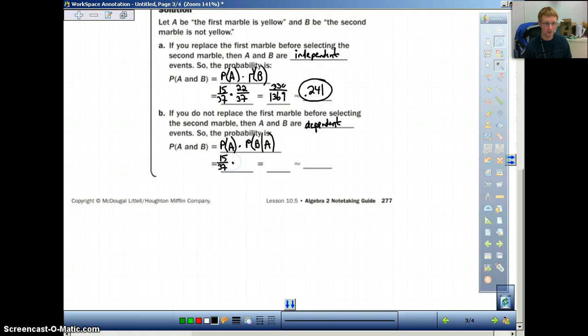For the second one, there still are 22 non-yellows, but now we don't have 37 anymore, we have 36. So now we multiply these two together and we get 330 still on top, but the number on the bottom is less. It's 1,332, so our probability actually goes up a little bit: 0.248. Not much, but it still goes up.